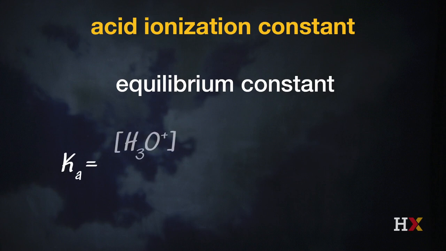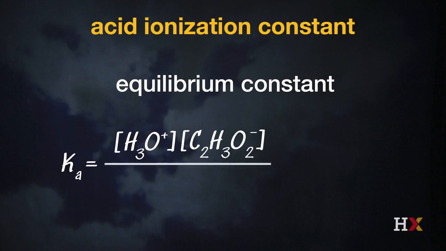It's equal to H3O+ in this case, times the concentration of the acetate anion, the C2H3O2-. And we divide that through, neglecting the pure water liquid, by the concentration of the acetic acid, HC2H3O2.